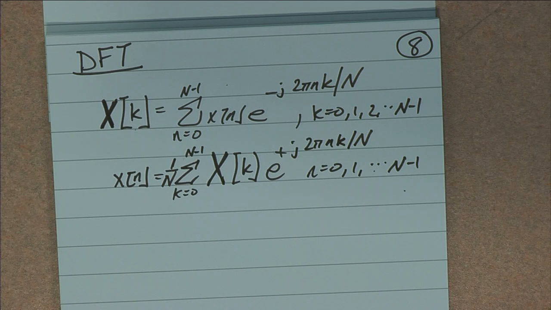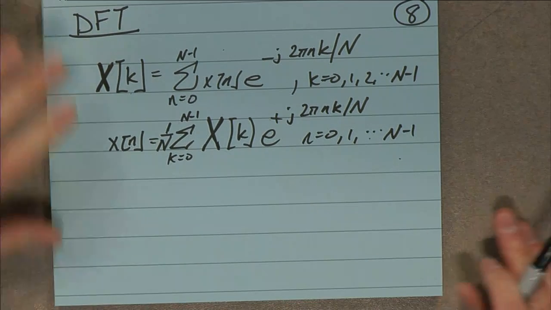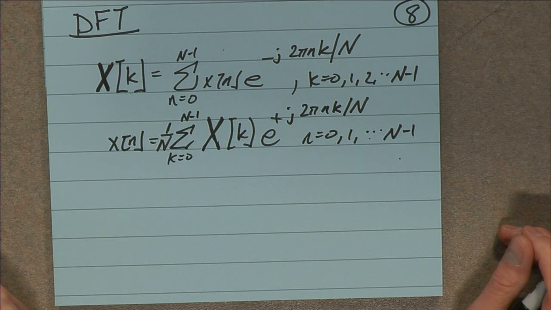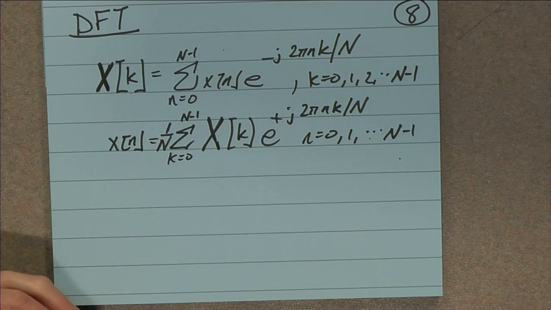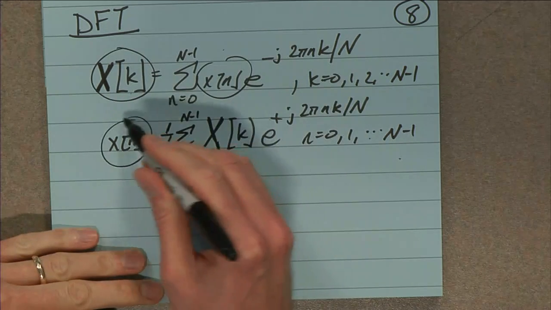But the reason we're getting into it now is that I want to be able to talk about how to plot things in MATLAB in a convenient way. So what's important about this? This is discrete and that's discrete. Everything is discrete.